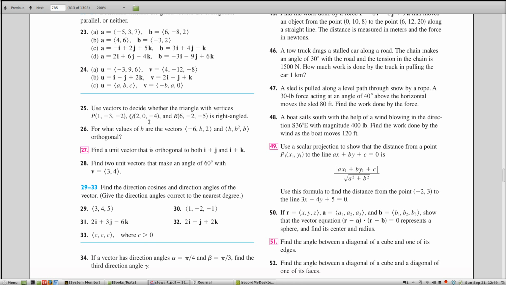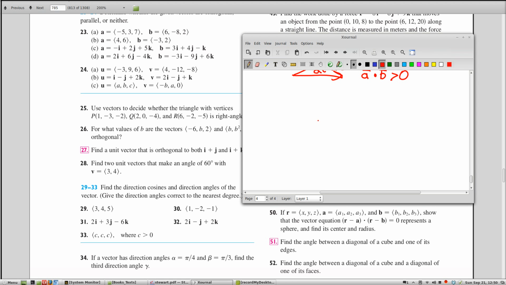And one thing that worries me a little bit about that is you have to check it a couple ways, don't you? So one problem of me doing this in sort of a chatty style, not having done any of the problems myself before, is that if this turns out to be PQ and this turns out to be PR, then great, the dot product will be 0.